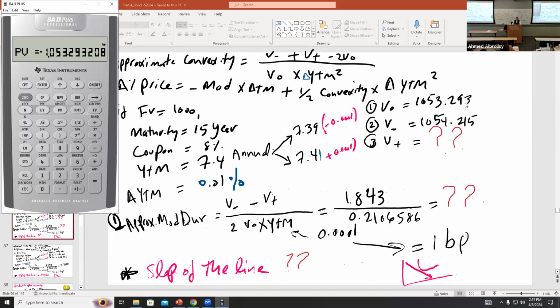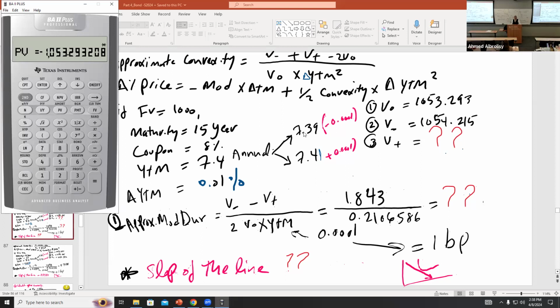You guys see that? Now on your calculator, what happened if the interest rate is changed by 1 basis point? Because this is an annual basis, we're just gonna apply that on an annual basis. Keep in mind, if the payment is semi-annual, you need to divide by 2, right? But this is based on an annual basis.